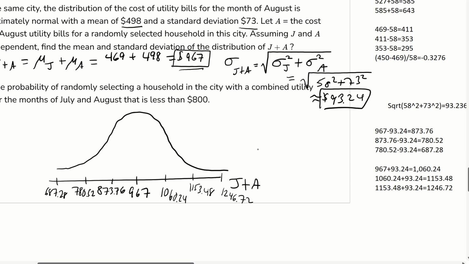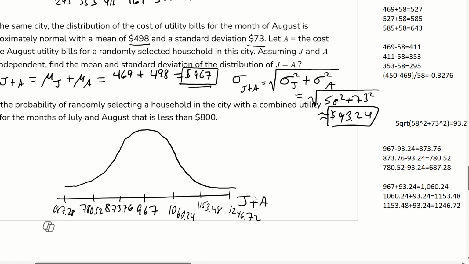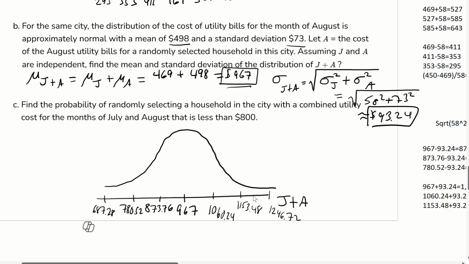All right, so that's the new normal distribution for j plus a, and then we want a combined utility cost of less than $800. So it's going to be around here for $800, and we want it to be less than that, the area to the left.